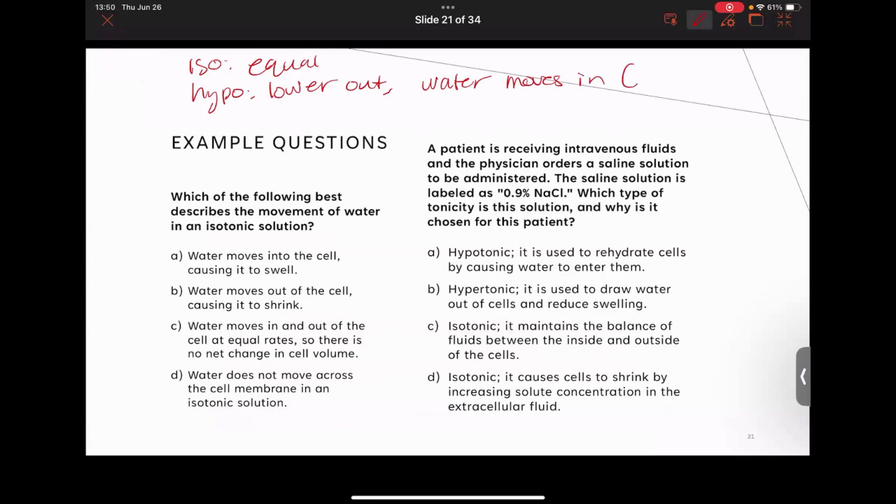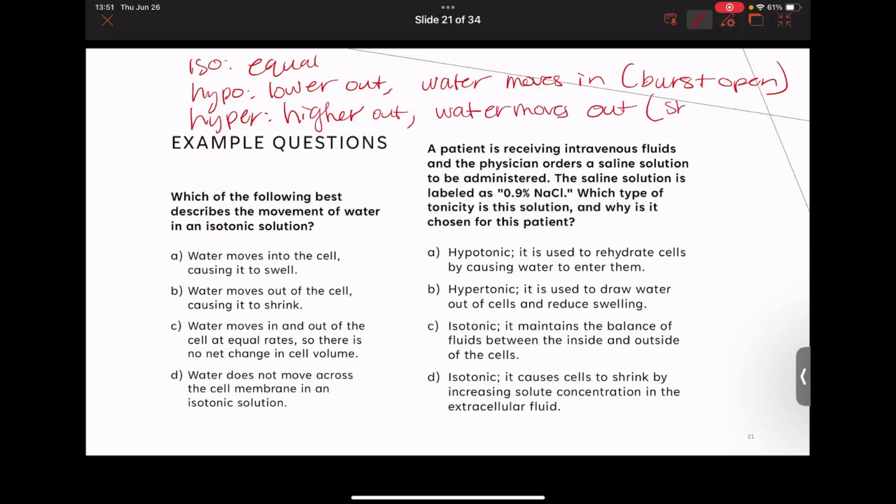This can burst a cell open, by the way, if it swells up enough. In the hyper, we have higher salts or whatever it is, higher on the outside. So water moves out of the cell. And this is causing shrinking of the cell, which is also known as plasmolysis.